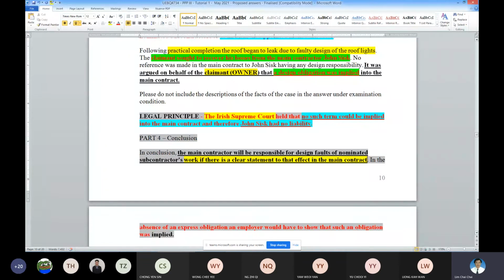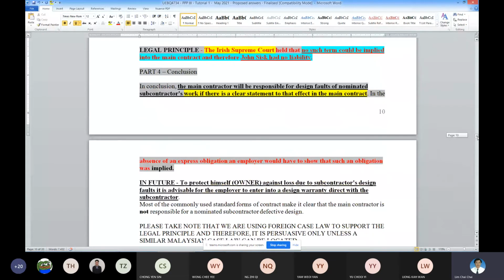And the judge here says that there is no such implication here. You try to show that it's implied, but this is not the case here.